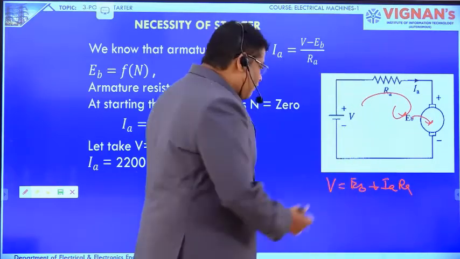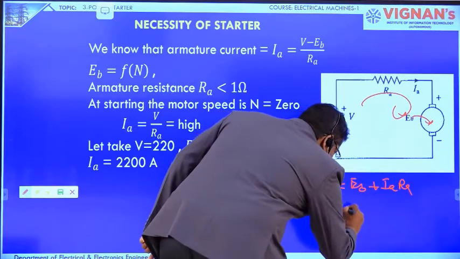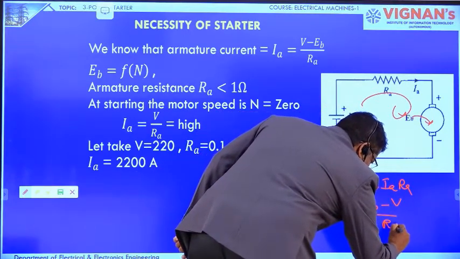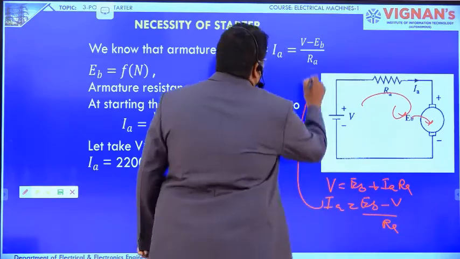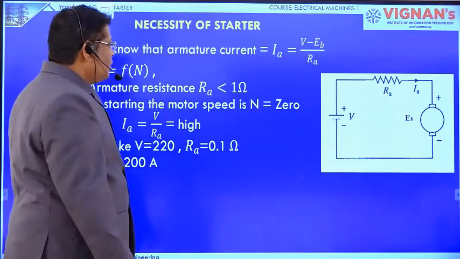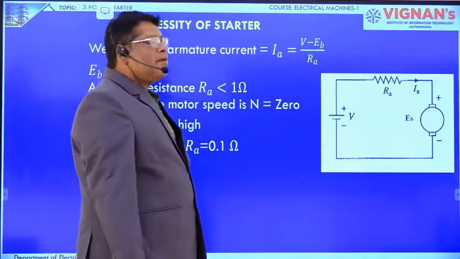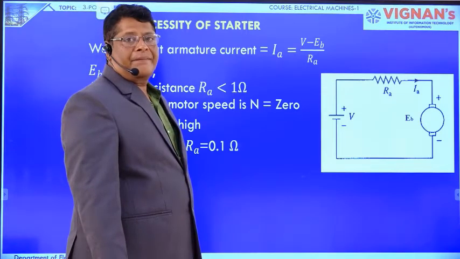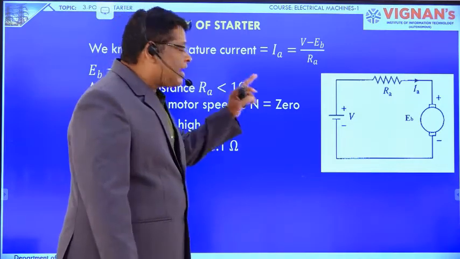Now find the value of Ia: Ia equals (V minus EB) by Ra.